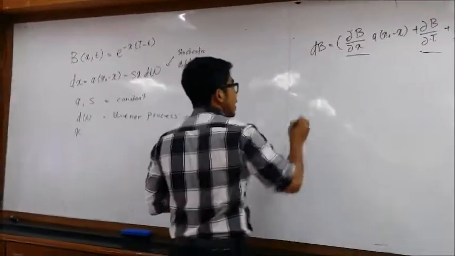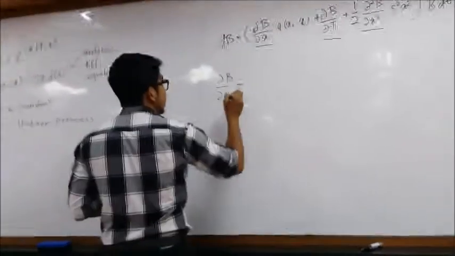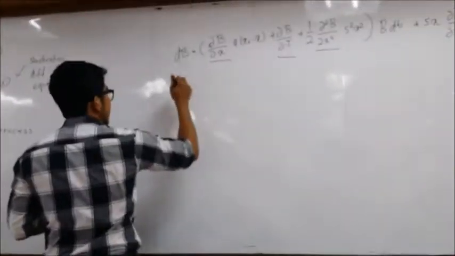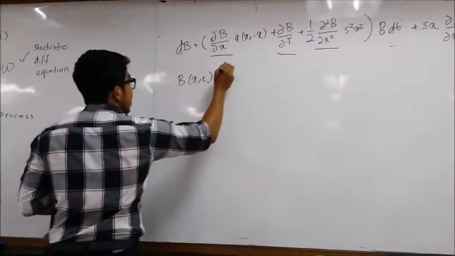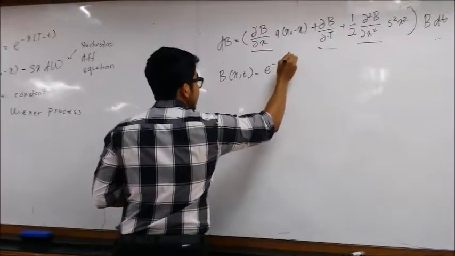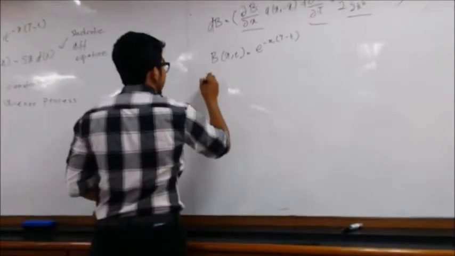So to find delta B over delta x, I will show the equation, which is B equals e to the negative x times (capital T minus t), and then we differentiate.